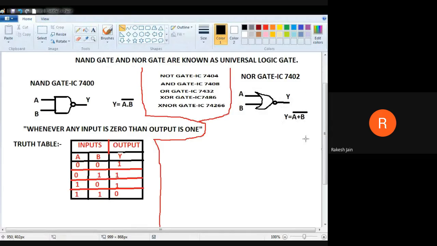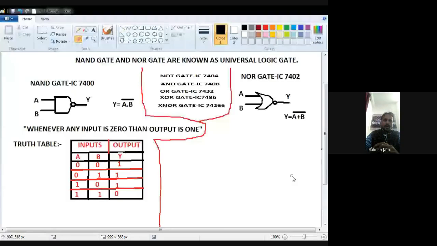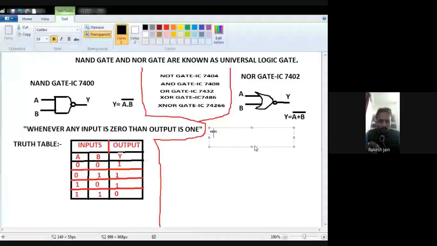The equation for the NOR gate is, remember, Y is equal to A plus B having a bar over it. A plus B having a bar over it, that is my NOR gate.